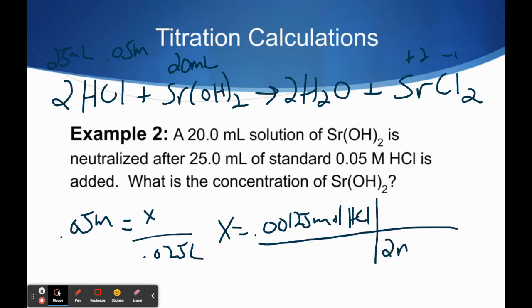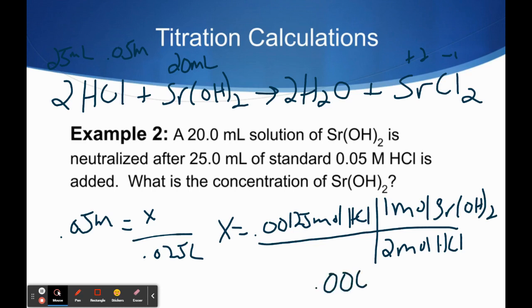Now we're going to use the mole ratio. So we have 2 moles of HCl for every 1 mole of Sr(OH)2. So when we calculate that, we get 0.000625 moles of Sr(OH)2.